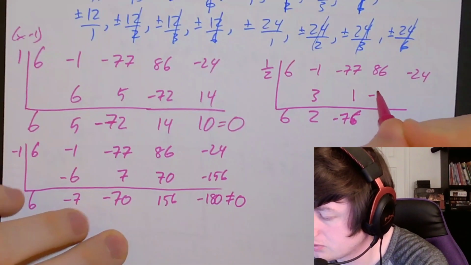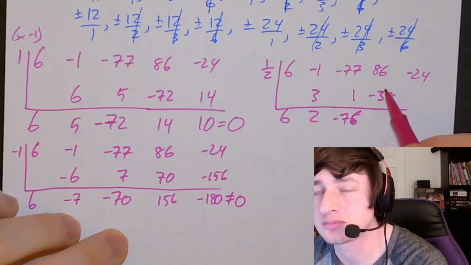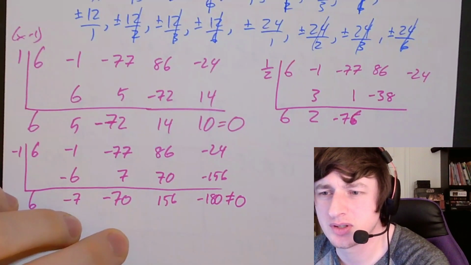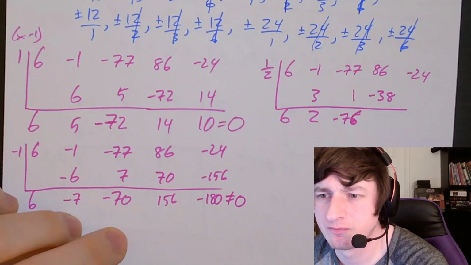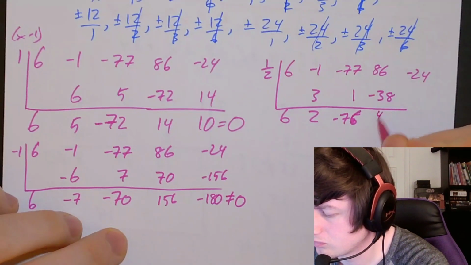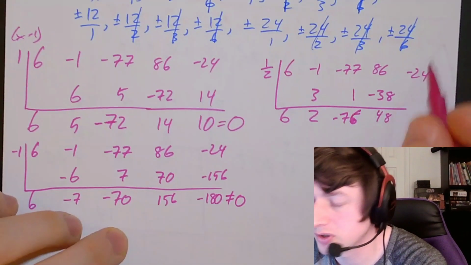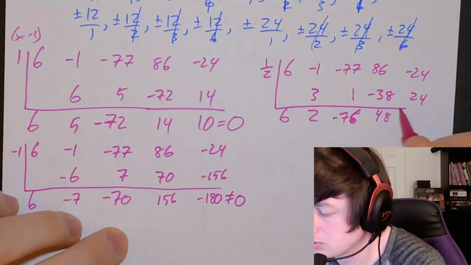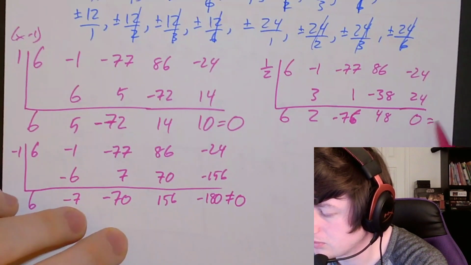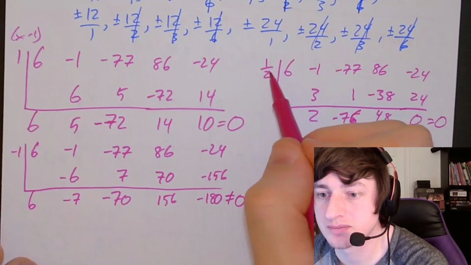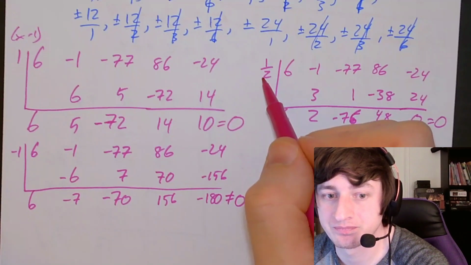So negative 38. 86 minus negative 38 is going to be 48, I think. Times a half is 24. And so we get 0. So one of our solutions is a half.